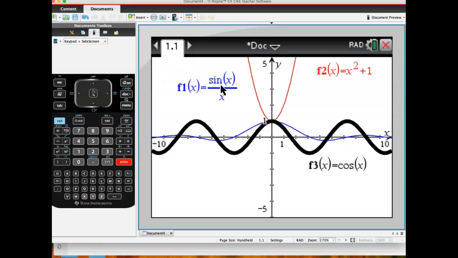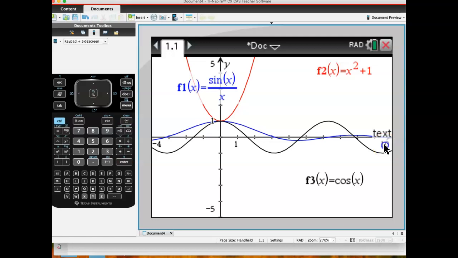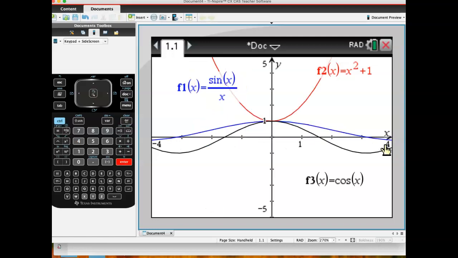As I'm in this area around 0, within reason, between -4 and 4, within this window the red graph is always on top of the blue one, and the black one is always underneath it.